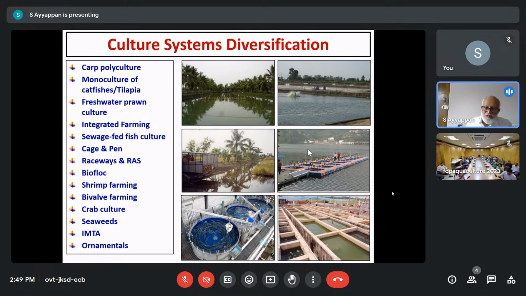So you name it, depending on the kind of agro-ecosystem we have, from Kashmir to Kanyakumari, or from Dwarka to Arunachal Pradesh. We have varied systems, varied resources. We have a system available for any kind of situation and resource available when it comes to carp or the fish or the inland freshwater aquaculture.